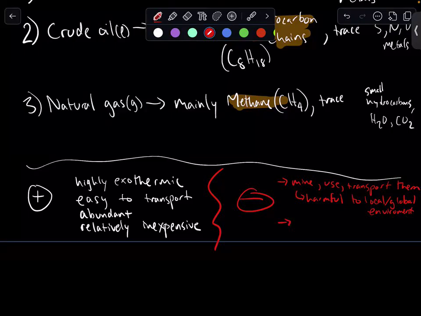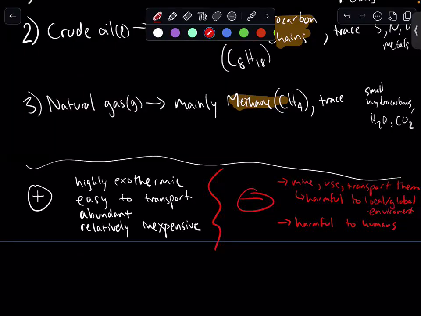Furthermore, they are harmful to humans in many ways. They can be toxic, and when we burn them, they can create toxic byproducts. They contribute to climate change.